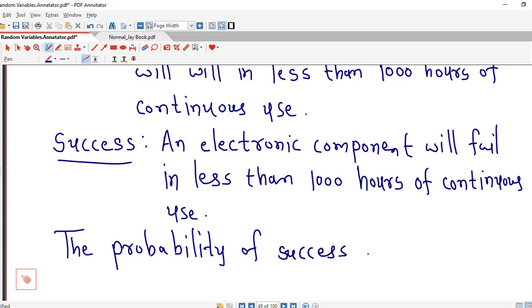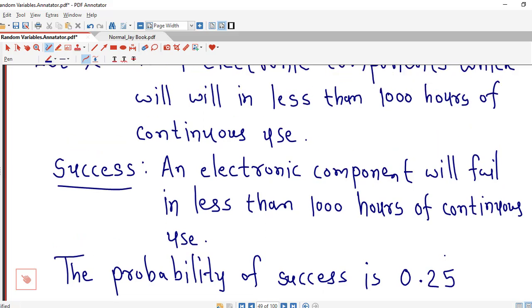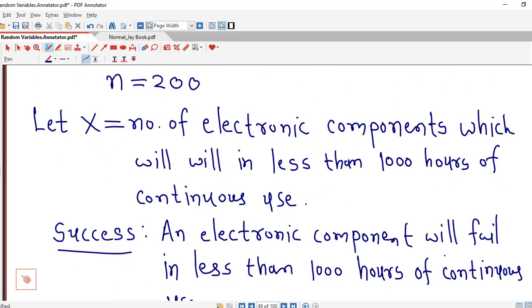Probability of success is 0.25. Our random variable is the number of electronic components which will fail in less than 1000 hours of continuous use, and there are total 200 electronic components. So the possible values of this random variable X are 0, 1, 2 up to 200.